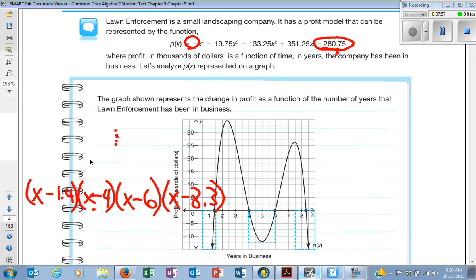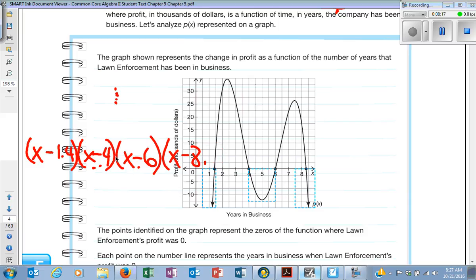Are you with me? And that would give me all my possibles, right? And I would know that 6 and 4 would probably be in that list. Just talking about the stuff from all last chapter. How I get my possible roots, then I can test them using synthetic division and break this thing down. Okay? Alright, so let's talk about this.